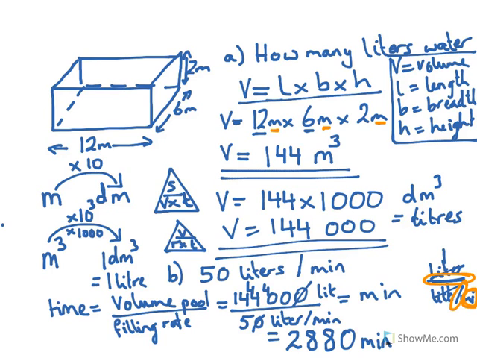Are we allowed to answer like that? Absolutely not, because we actually don't have very much idea of how much 2,880 minutes is. We have to convert that number into hours by dividing by 60. So let's do that. 2,880 divided by 60.